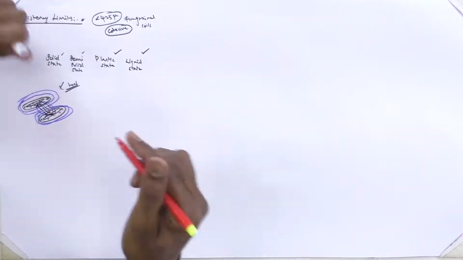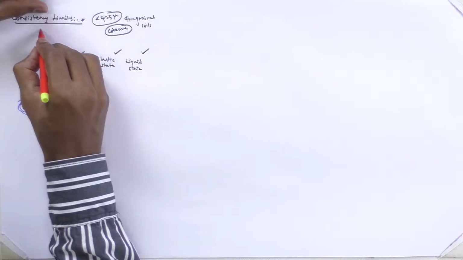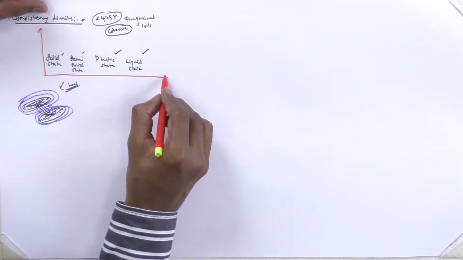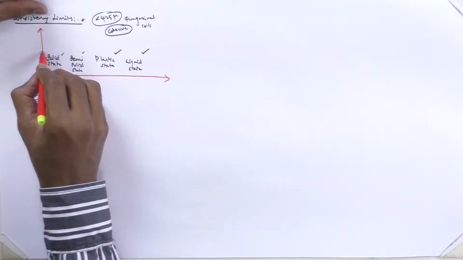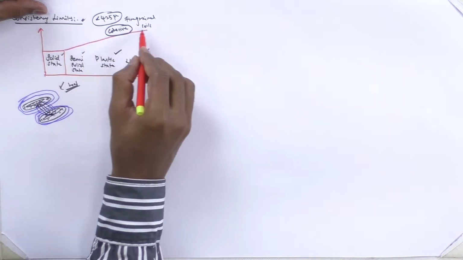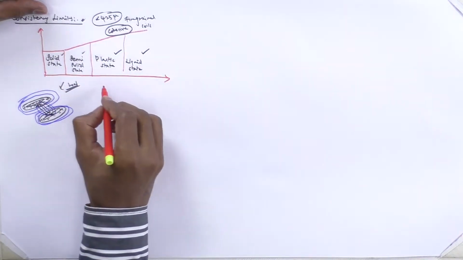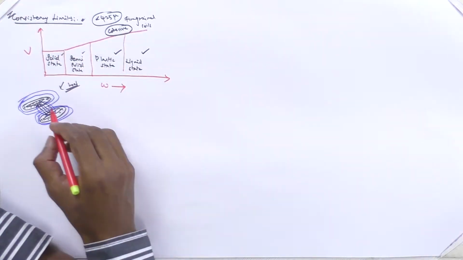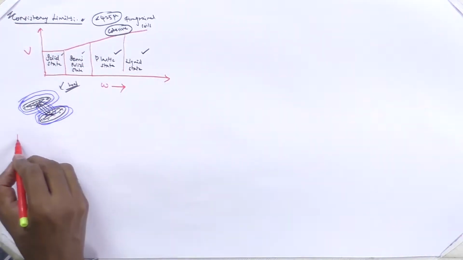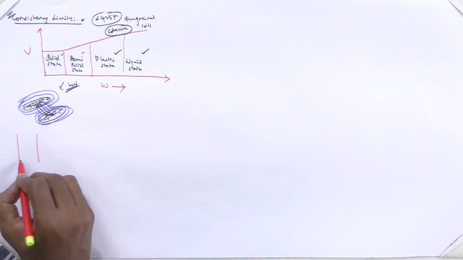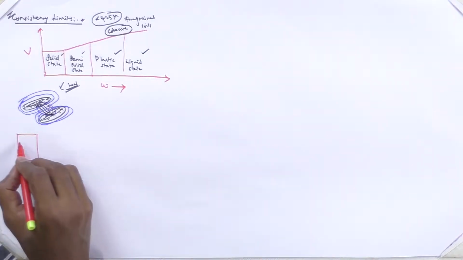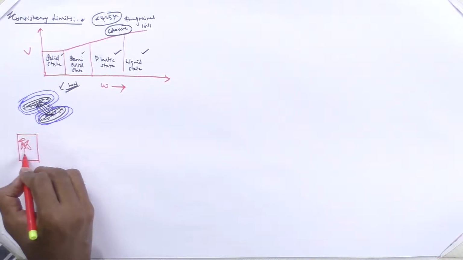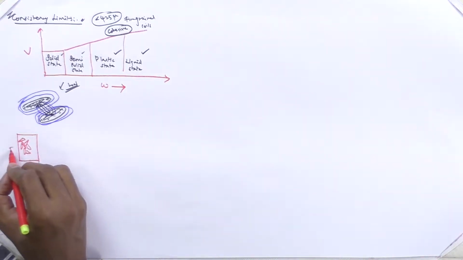So we have some other concepts to describe. Let me take this as a graph. So what happens? This is water content and this is volume. As I have explained, this is called a flocculent structure.